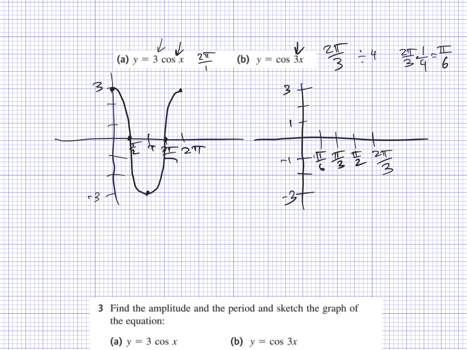So 1 pi over 6, 2 pi over 6, and 3 pi over 6. And then you get 4 pi over 6, which is 2 pi over 3. And again, here's cosine. Starts there, goes through pi over 6, and the bottom is at pi over 3, and then back up. Oops, did that wrong. There you go.